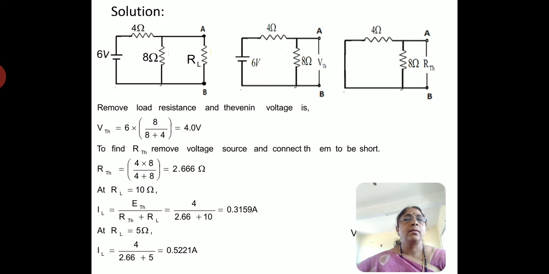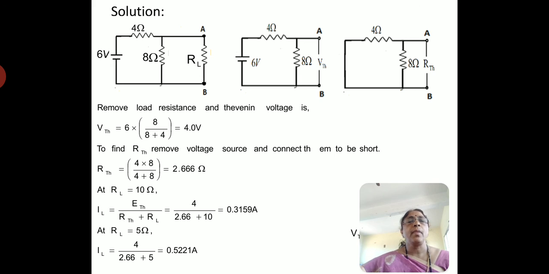Again, with the same method, calculate the current flowing through RL. See the solution. The first step is to remove RL to find VTH. By removing RL, VTH is equal to the applied voltage 6 volt into 8 divided by 8 plus 4, which is equal to 4 volt. Therefore, we get the Thevenin voltage equal to 4 volt.